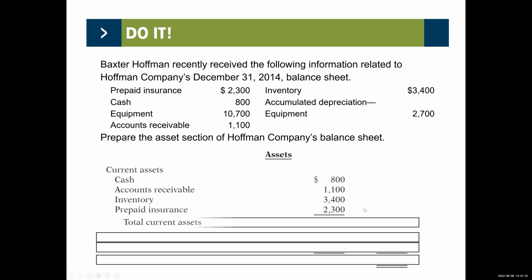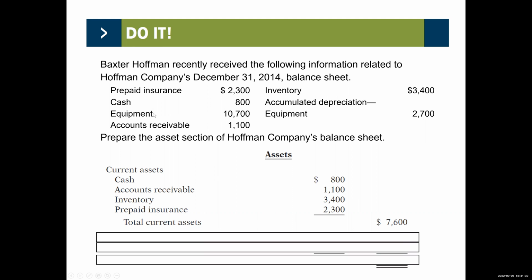So we have total current assets of 7,600, right? We have all of our current assets. Next, we need our long-term assets. And the only long-term asset I see is my plant asset equipment and its related accumulated depreciation.